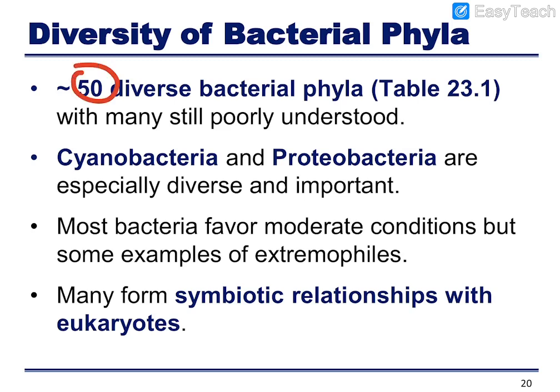Currently, to this day, we know of at least 50 diverse bacterial phyla, with many still poorly understood. The phyla of bacteria is so diverse, it will take us thousands of years to study to fully understand.